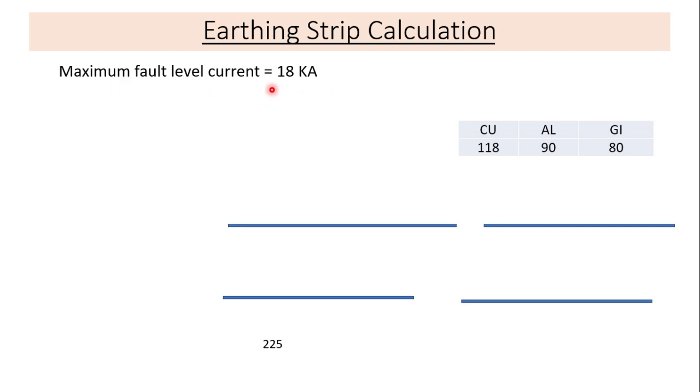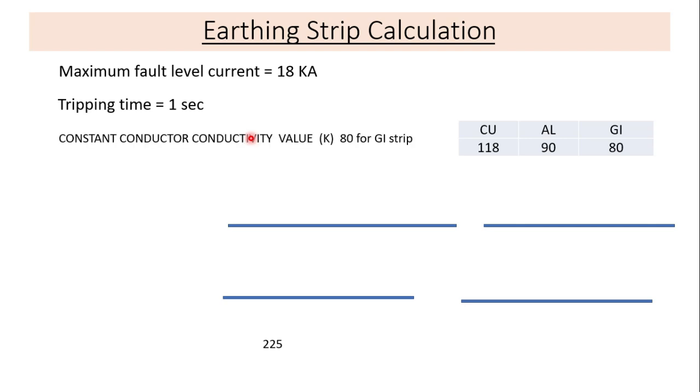Here I have assumed 18 kA, kilo ampere, that is 18,000 ampere, and the tripping time I have chosen here is 1 second. Then the constant conductivity value K: here we are using a GI earthing strip, that's why we have taken 80 as the value for K.